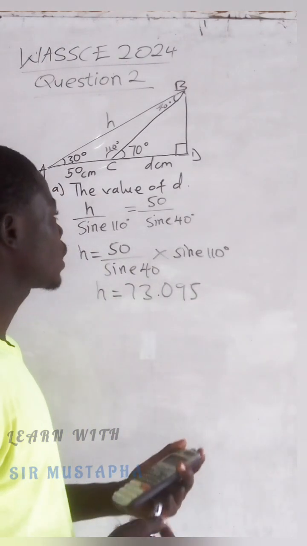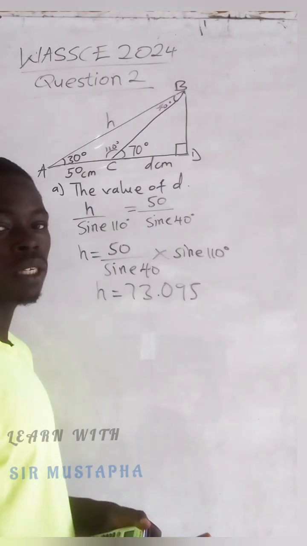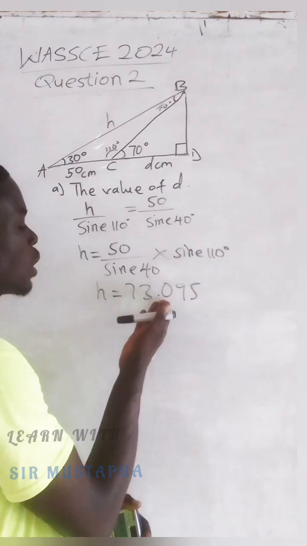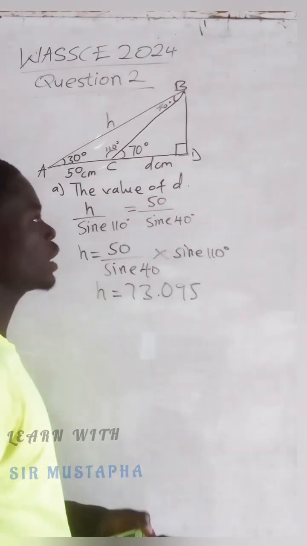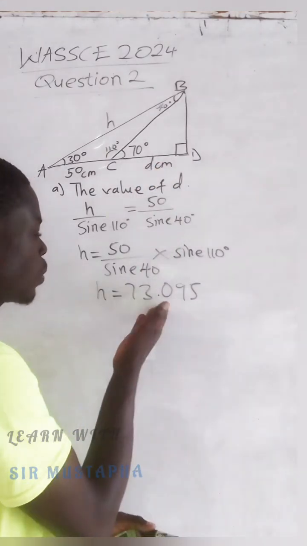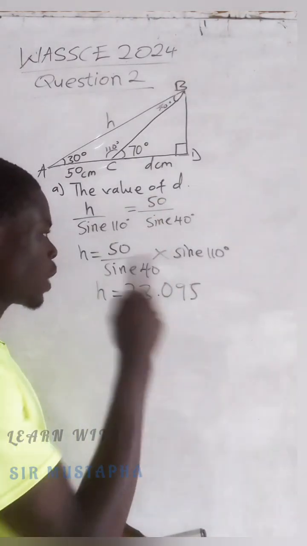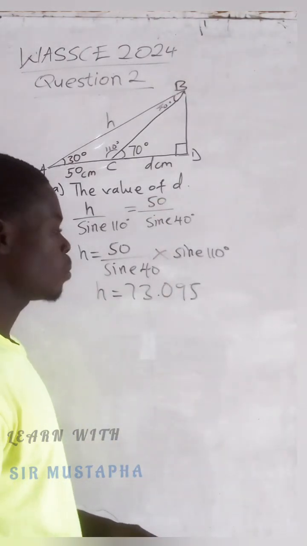The question says we should round our answer to 1 decimal place, but this is not the answer. The answer we are demanding is for D, so you can leave the H like this, but when you get D, round it to 1 decimal place.